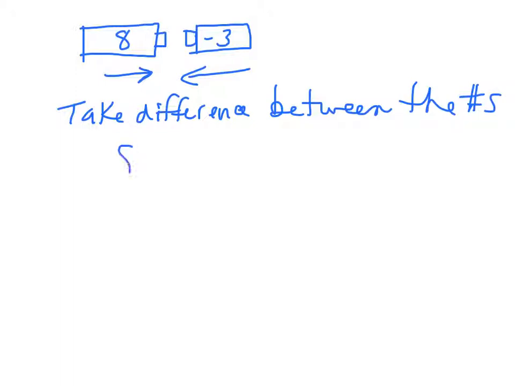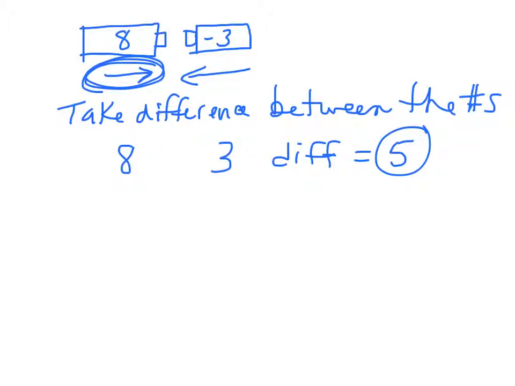We have an 8 going one way, a 3 going the other, and the difference is 5. That's not always the final answer, though, because we have to decide if the 5 is going to be positive or negative. So we look back at the batteries. The 8 is the bigger number, and the 8 was winning out, and it's facing in a positive direction.